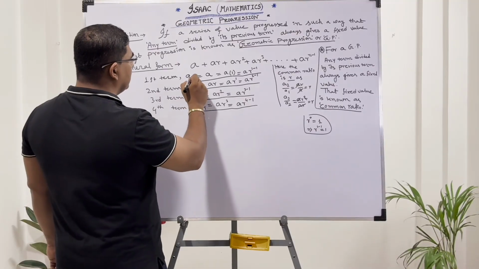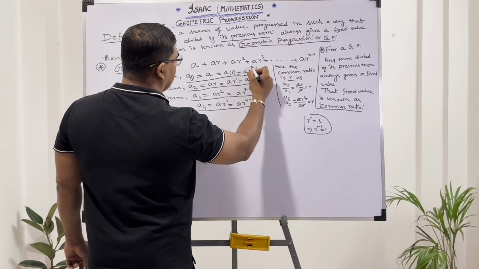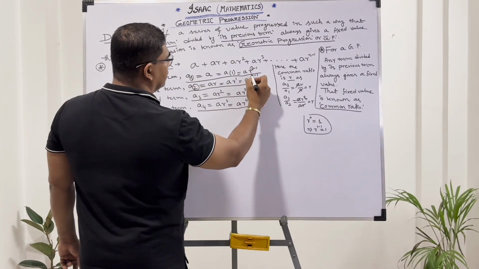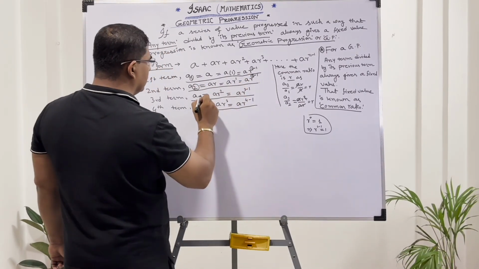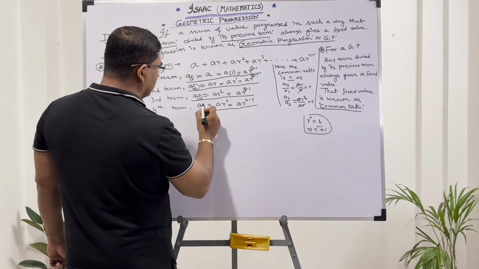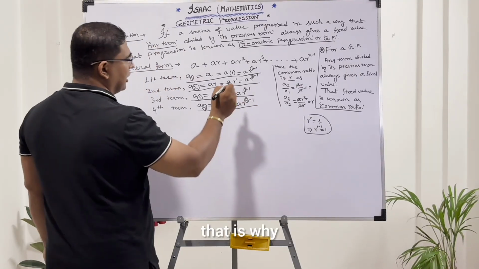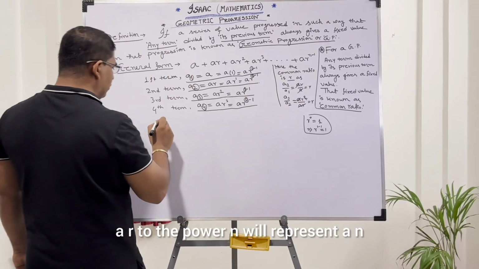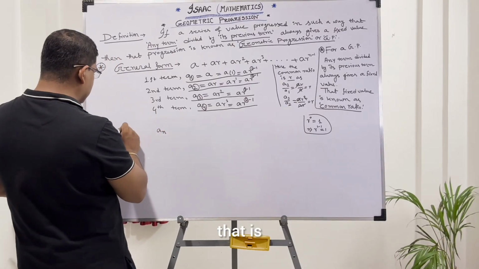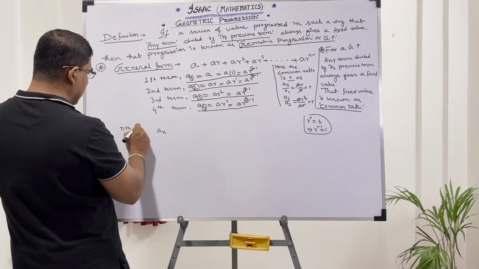That is, this is 1, this is also 1. This is 2, this is also 2. This is 3, this is also 3. This is 4, this is also 4. That is why A R to the power n minus 1 will represent An, that is the nth term.